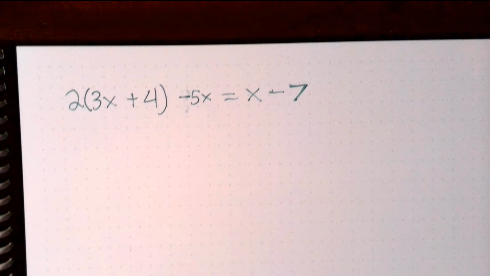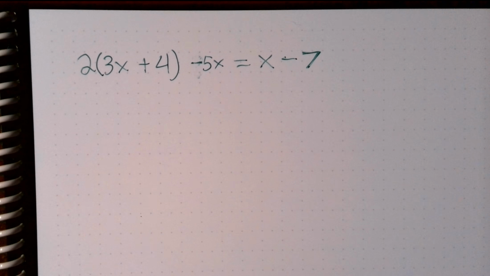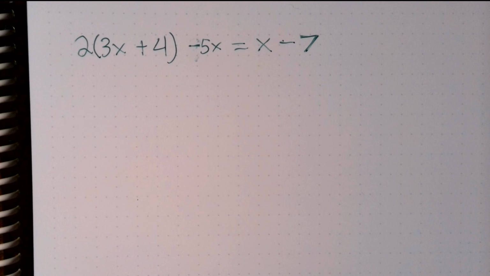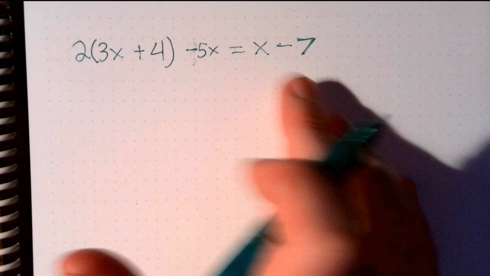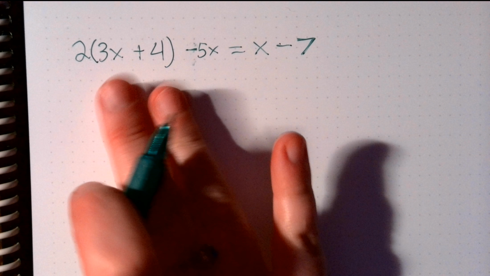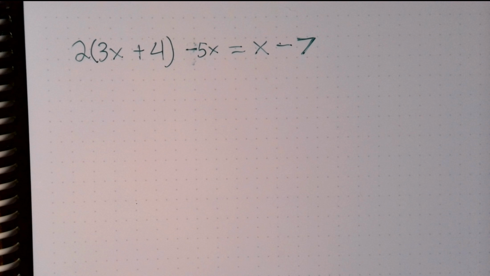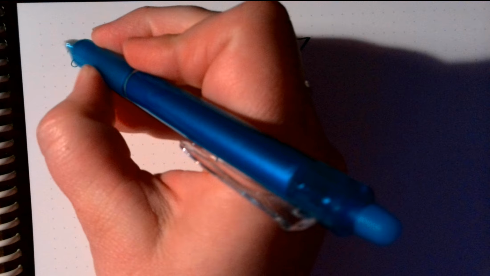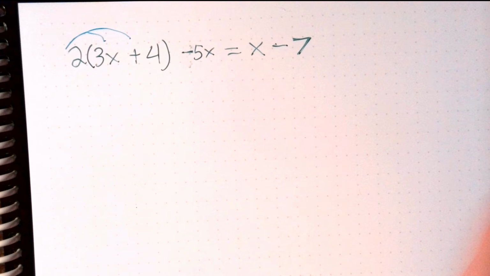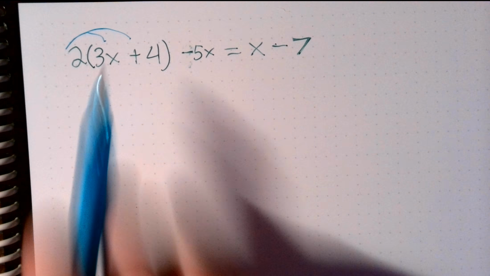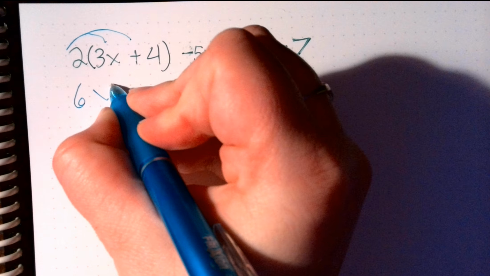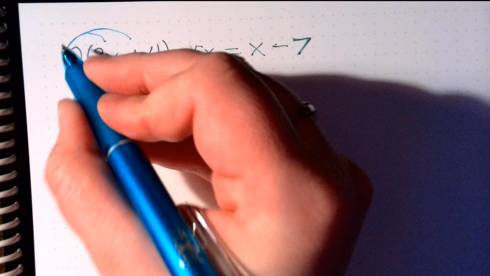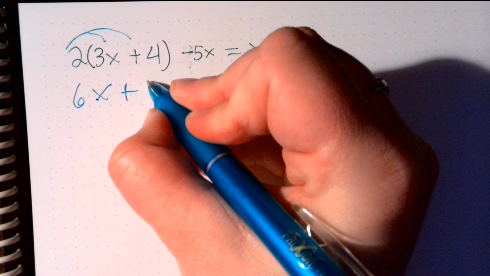All right, so looking at our next example. Notice I've got something outside the parentheses, but I've also got variables on both sides. So we're going to start on the left side, or the side that has my parentheses, and I'm going to distribute first. So 2 times 3, which gives me 6x. 2 times 4 is 8.